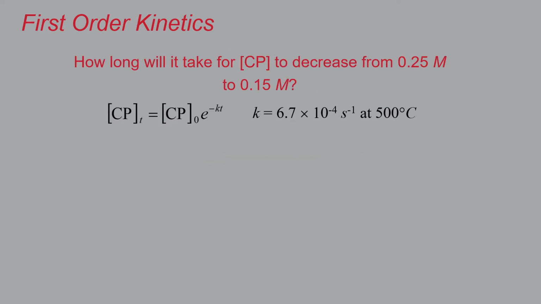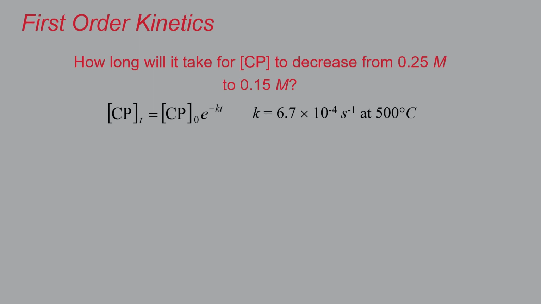Now, this is the same concept, but the math is a little more involved, we'll say. So try this one out here. We're going to figure out how much time it takes to go from 0.25 molar to 0.15 molar. Again, with the same setup, the rate constant at 500 degrees Celsius.